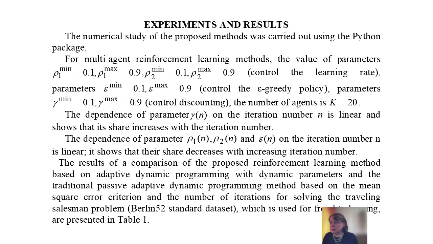Parameters epsilon min equals 0.1, epsilon max equals 0.9. These control the epsilon-greedy policy.